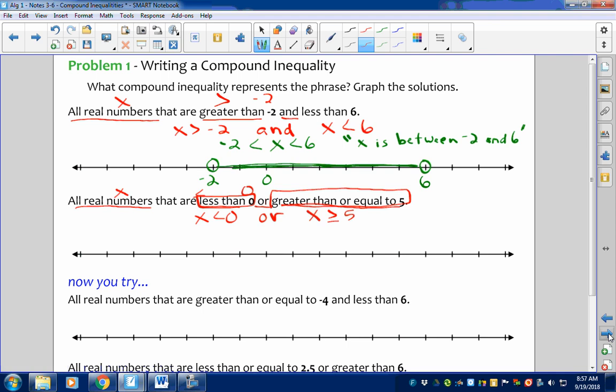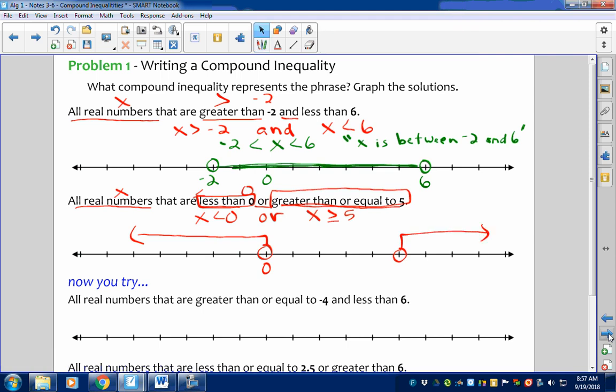Now the ors, we don't join those together. We just leave them separated out. And I think it'll make sense when you see them graphed. If I place my 0 right here, x is less than 0 would look like this. Open circle, going to the left. x greater than or equal to 5 would look like this. 1, 2, 3, 4, 5. Open circle, going to the right.